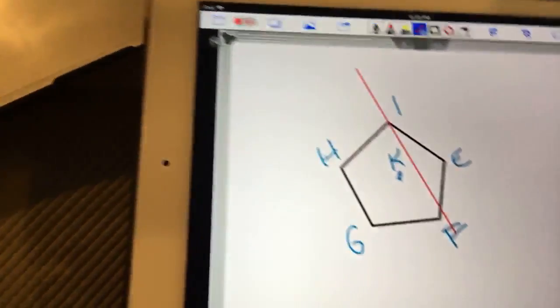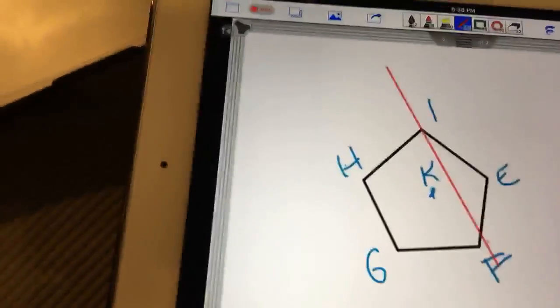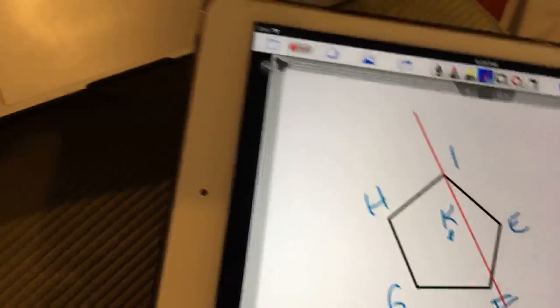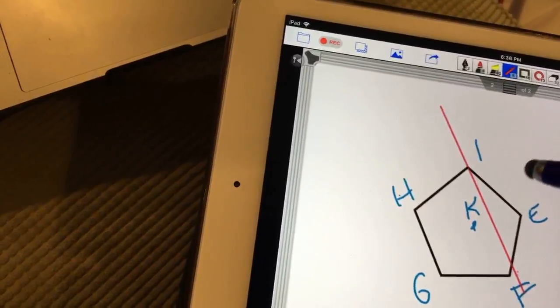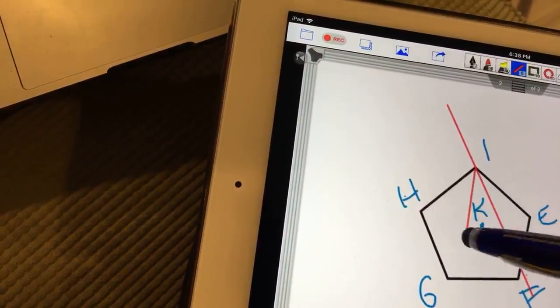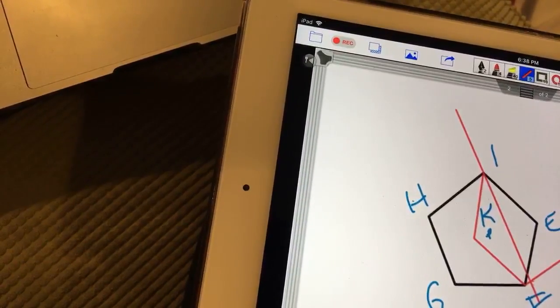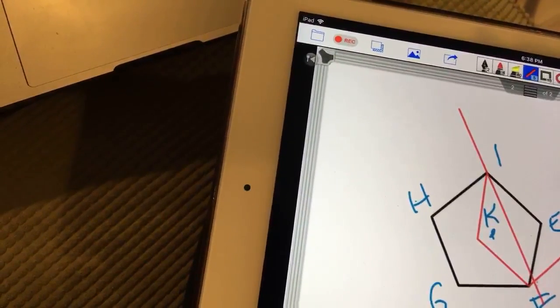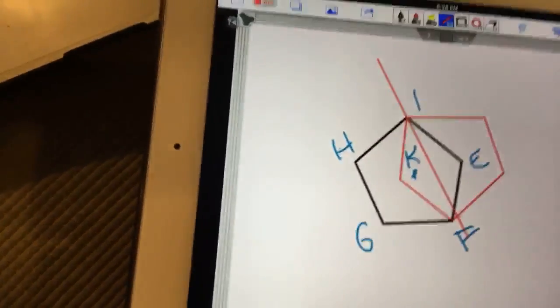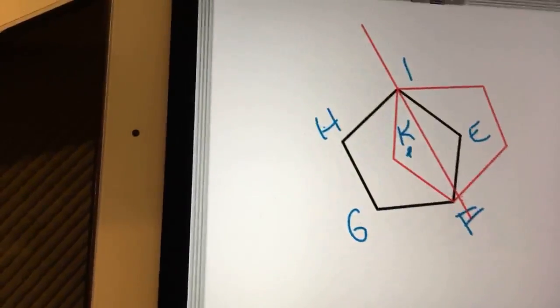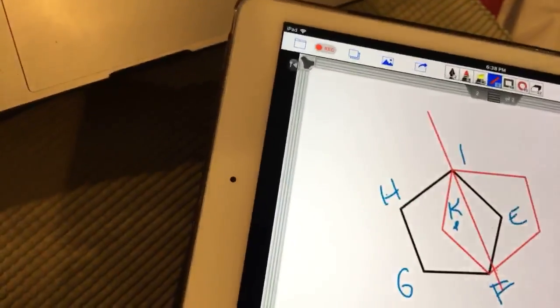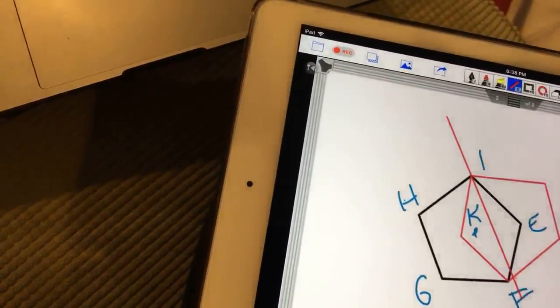I can't move it like I can on the smart board. All right, a reflection across that line would make our pentagon look more like this. All right, and then a reflection across line GH.